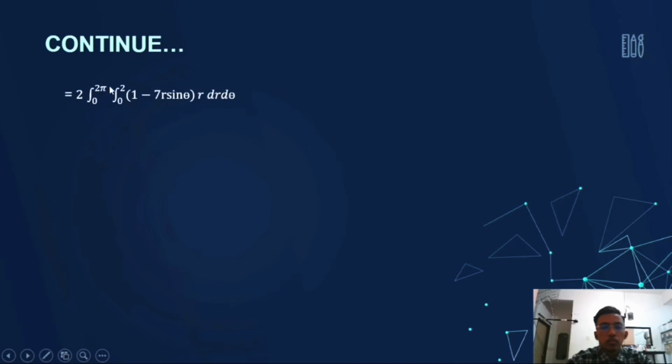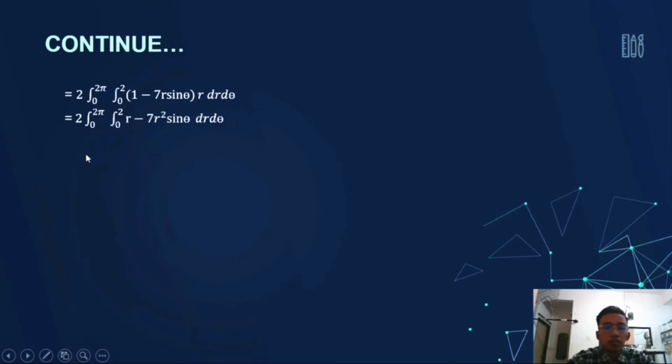Also we take out the 2, and we get 1 minus 7 r sine theta, so we get r minus 7 r squared sine theta.